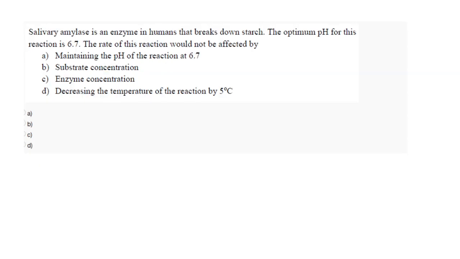Next, we have a question. Salivary amylase is an enzyme in humans that breaks down starch. The optimum pH for this reaction is 6.7.